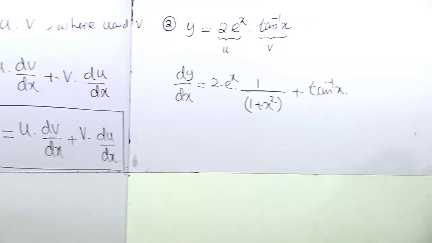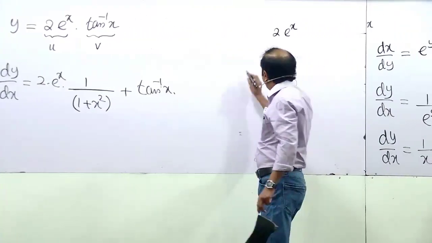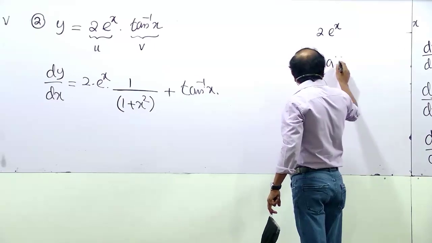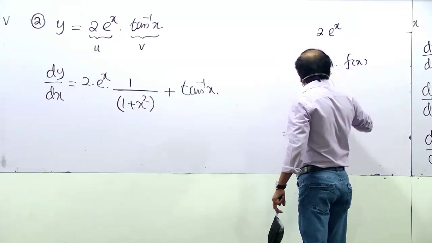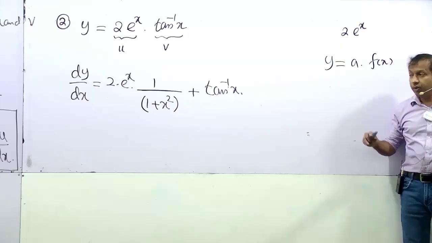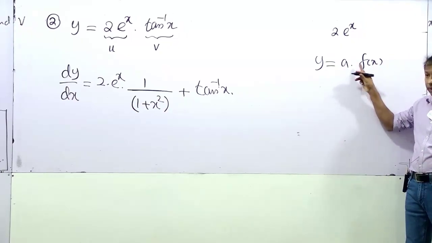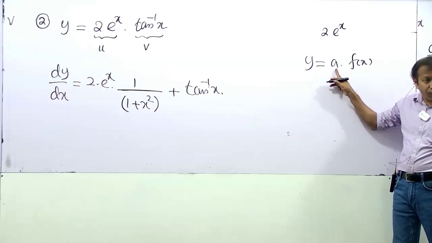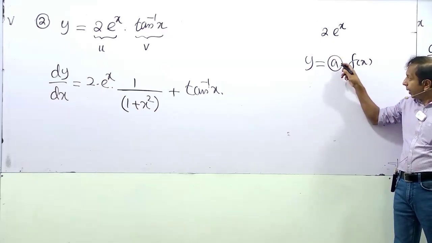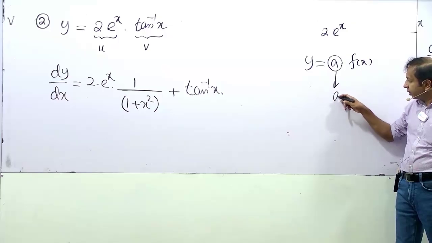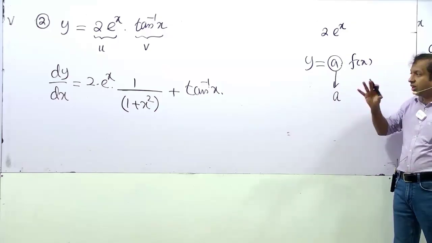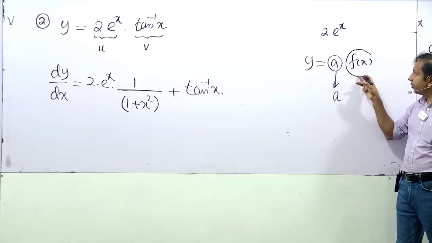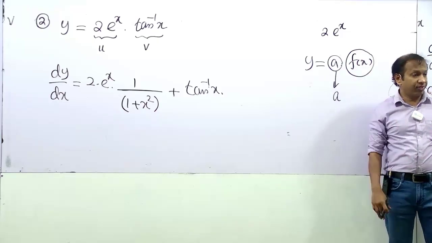Can you remember we told when we have y equals a times f(x), a is a constant and the function as a product. When this a is a constant, we keep the same constant a, and keeping that as the same we multiply this by the derivative of f(x).